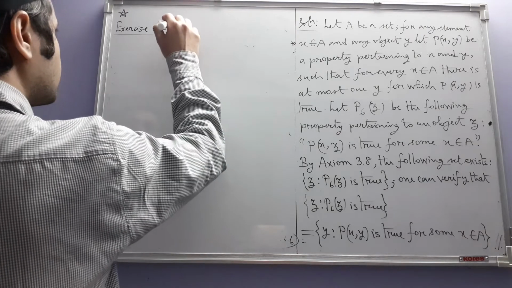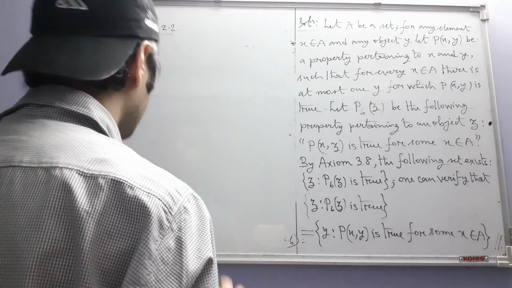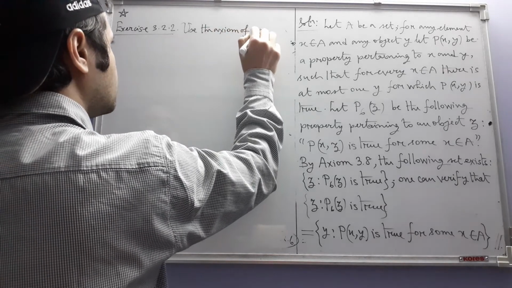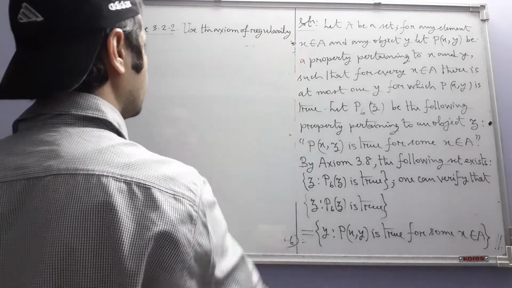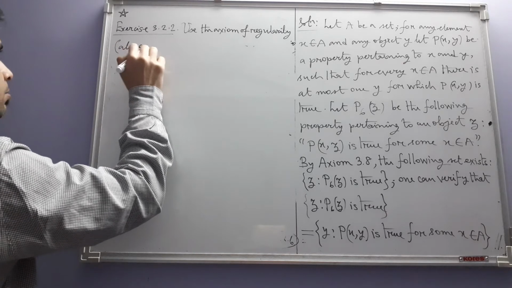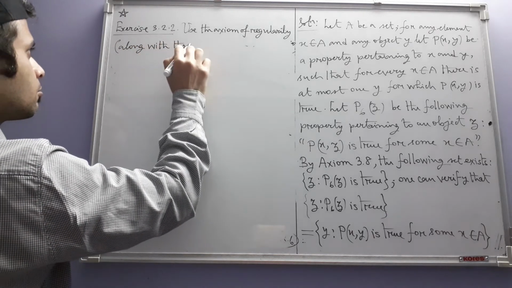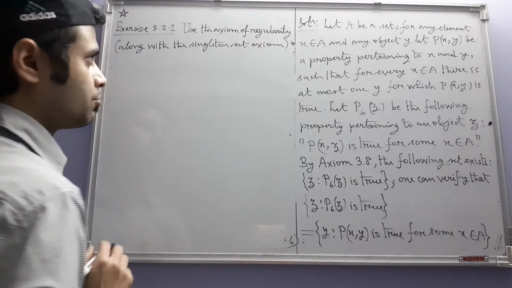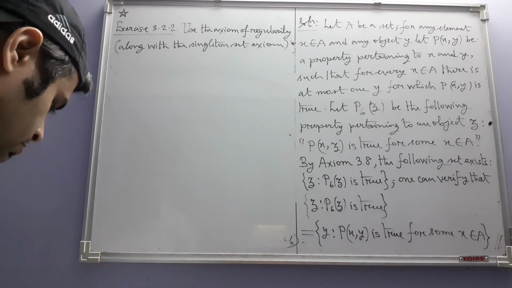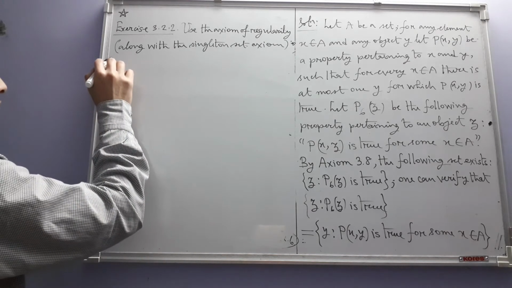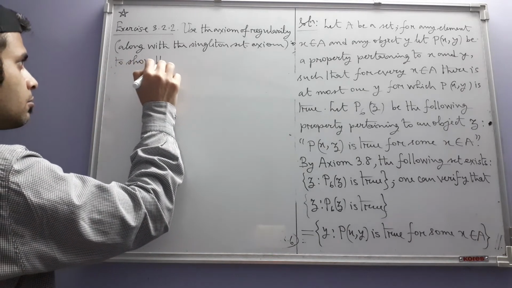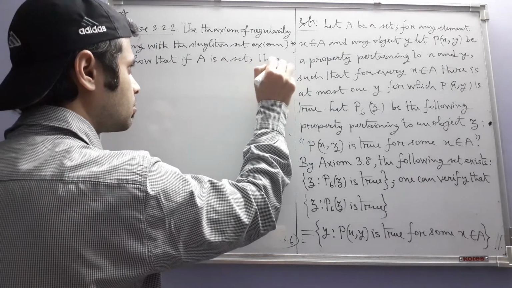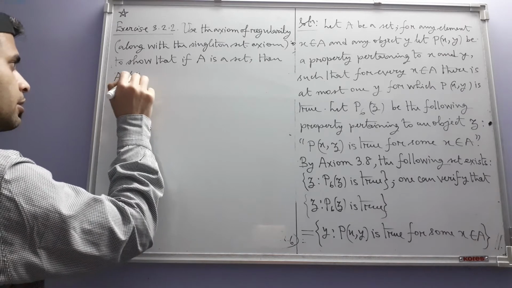So here it is. Use the axiom of regularity along with the singleton set axiom to show that if A is a set, then A does not contain itself as an element.